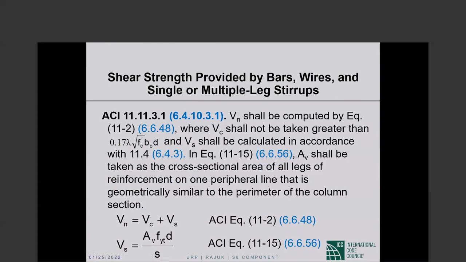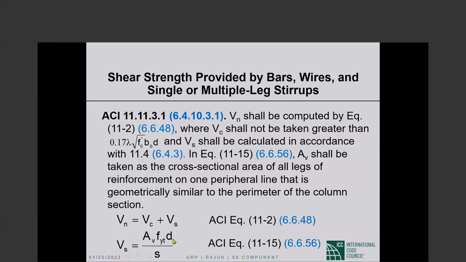Okay, this is extremely important. So concrete now carries 2 square root of F sub C prime, and the remainder of the shear has to be resisted by the shear reinforcement. V sub S has to be good for the rest of the shear. Okay, so V sub N is V sub C plus V sub S.